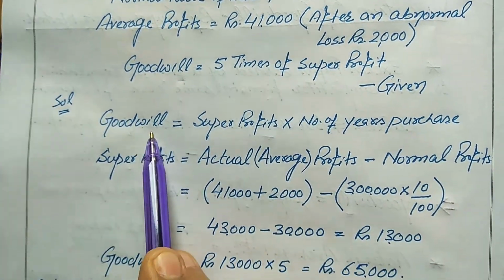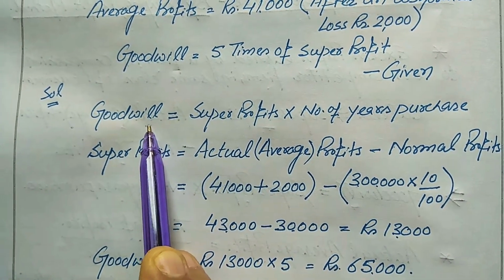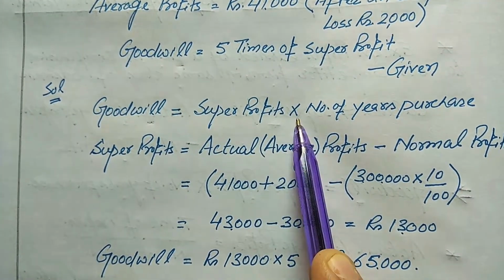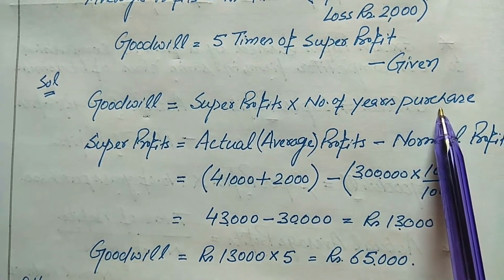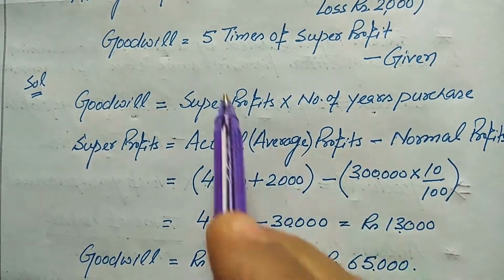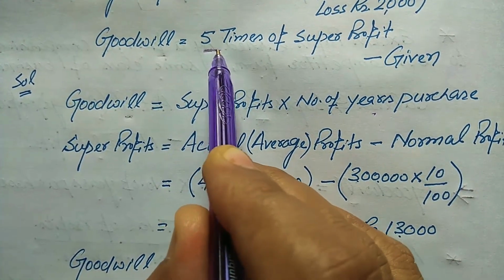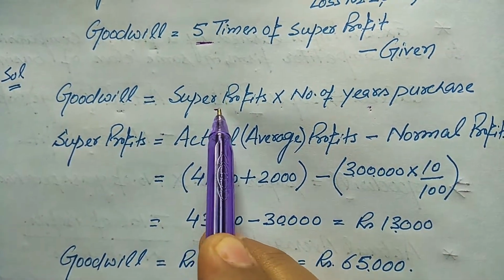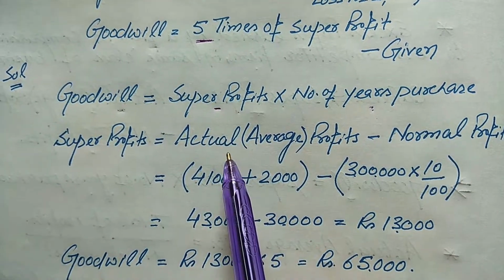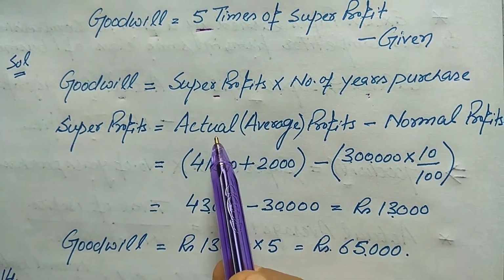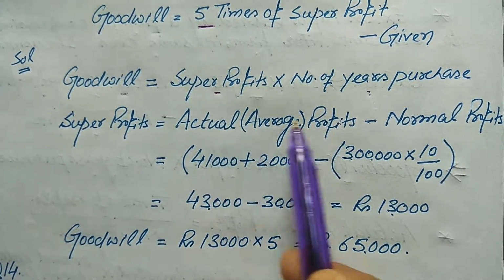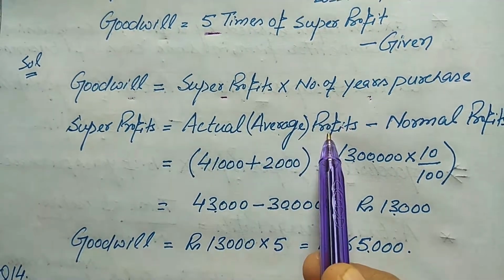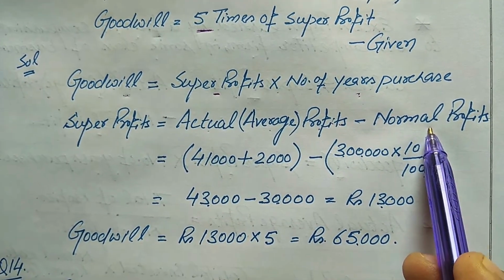Now we know that goodwill by super profit method is super profit multiplied by number of years purchase. Number of years purchase here is 5 times. Here we need to calculate super profit, and the formula for the calculation of super profit is actual average profit minus normal profit.